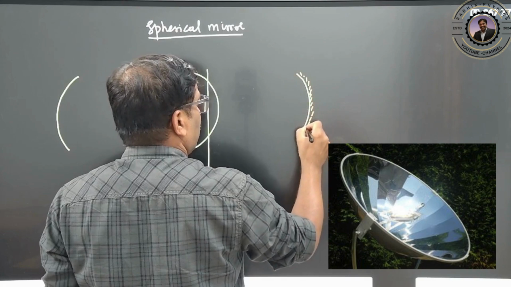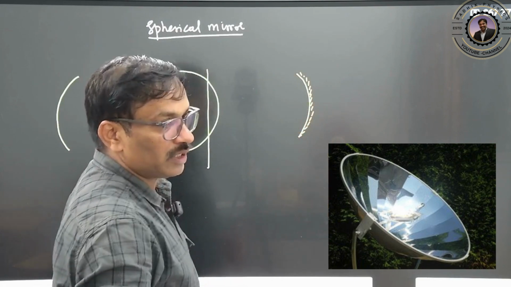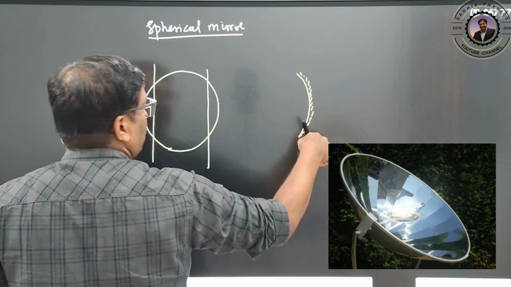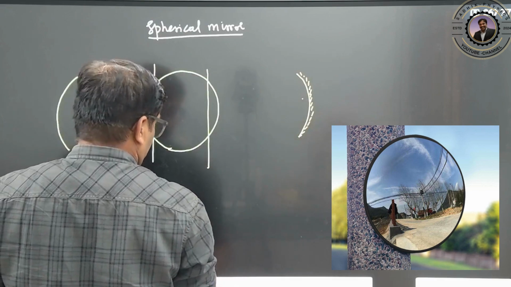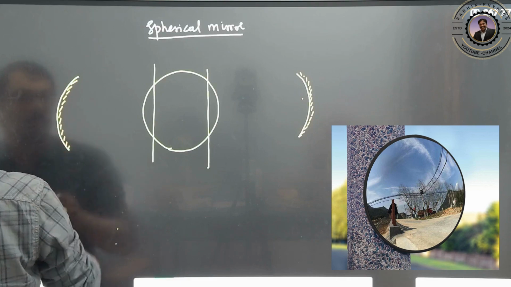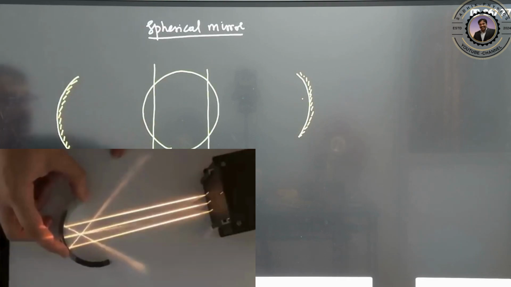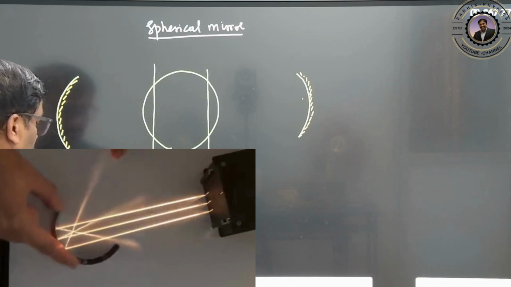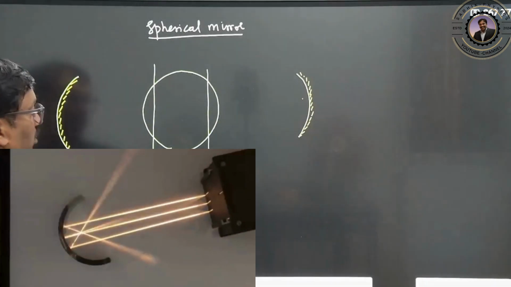If you see any mirror, on the backside a coating is done. Here the silver coating is done on this side, so this side is a reflecting surface.